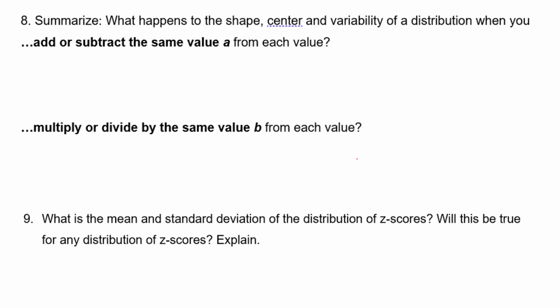So to summarize, because my other slide messed up, when you are adding or subtracting the same value from every single data value, so we were subtracting 80 from every single value, I want you to know that the shape and the variability are going to stay the same.